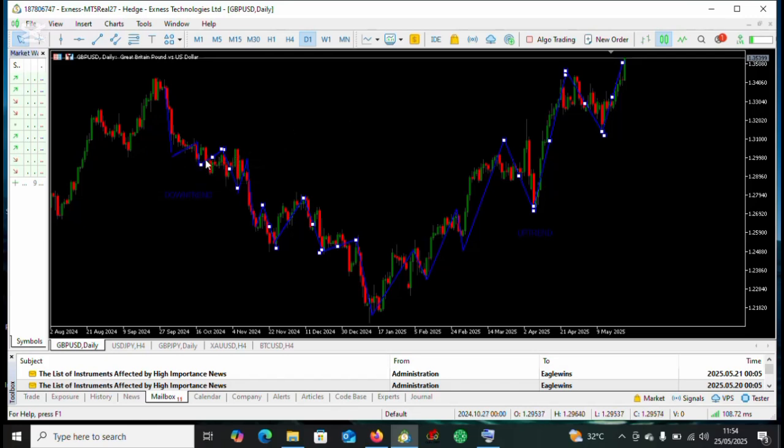The market was actually bearish at this time, like you have seen. So the sellers dominated the market. That is why we said it was bearish.